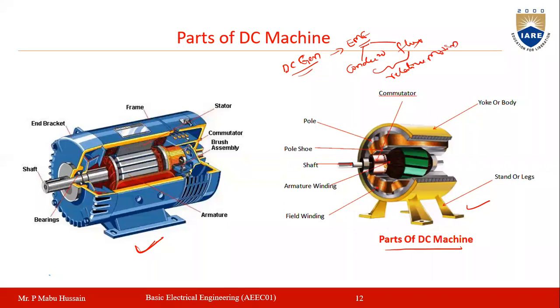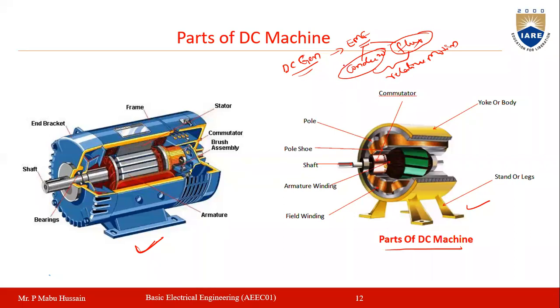These are the requirements. So for getting the EMF induced, you must have the conductor or coil, you must have the magnetic flux, and there must be some relative motion between the conductor and the magnetic flux.